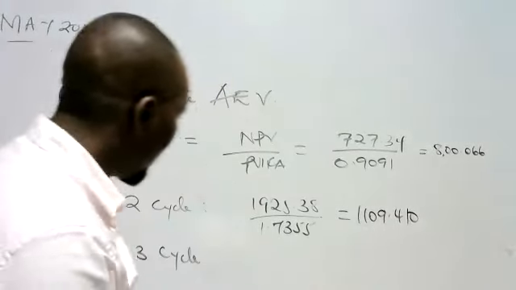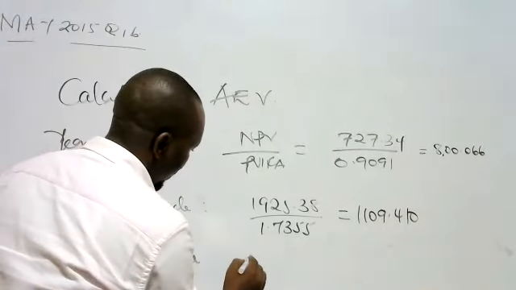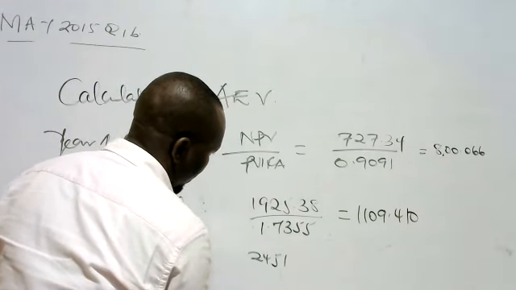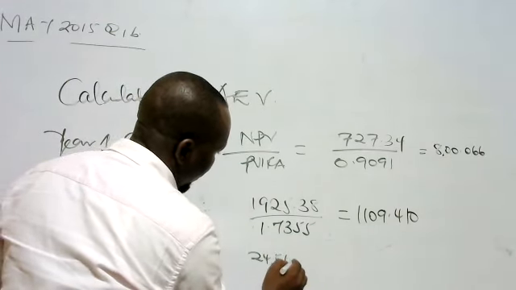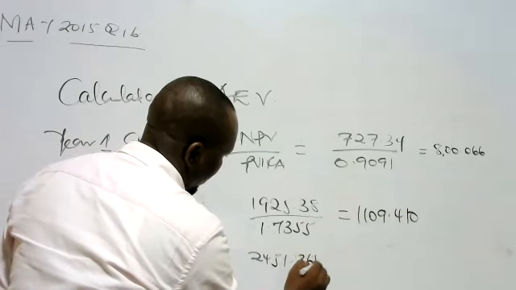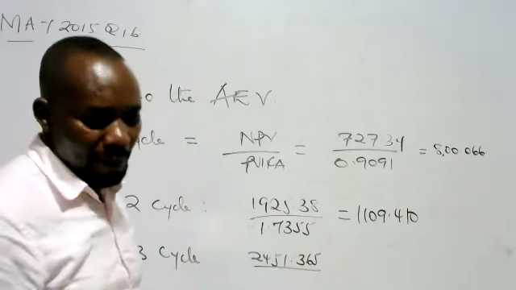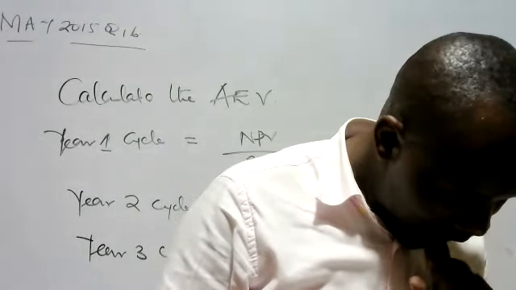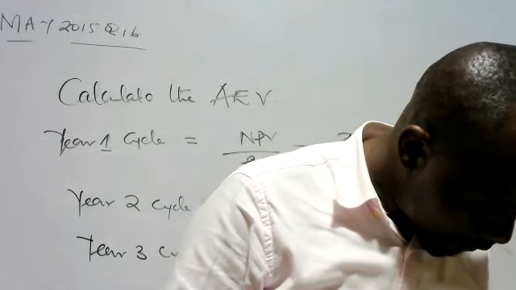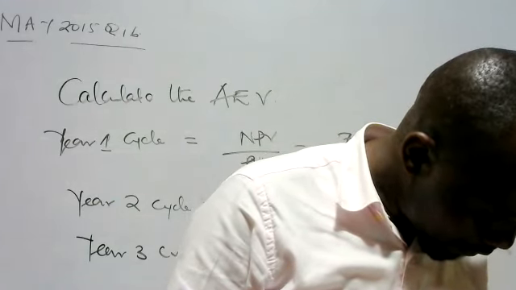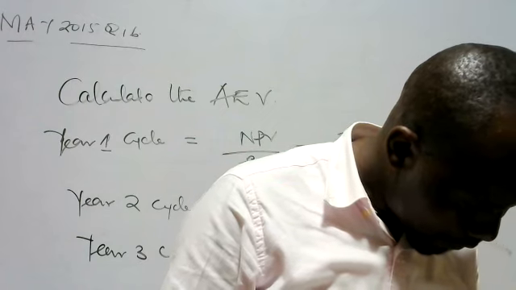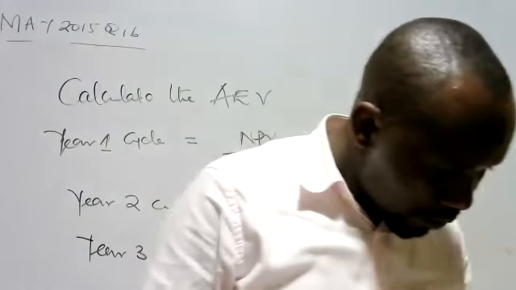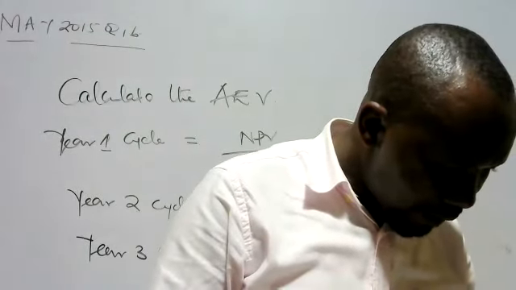NPV for year 3 is 2451.365. Right? PV was 2.4869, yes?